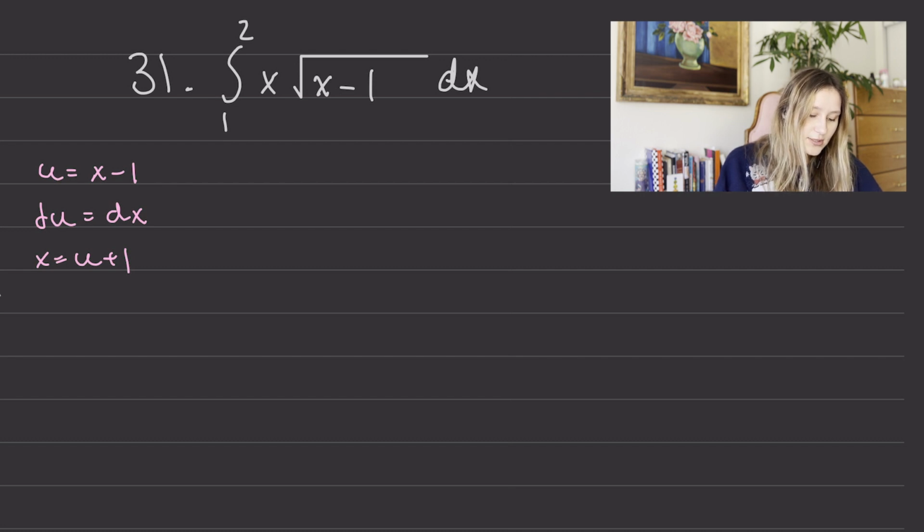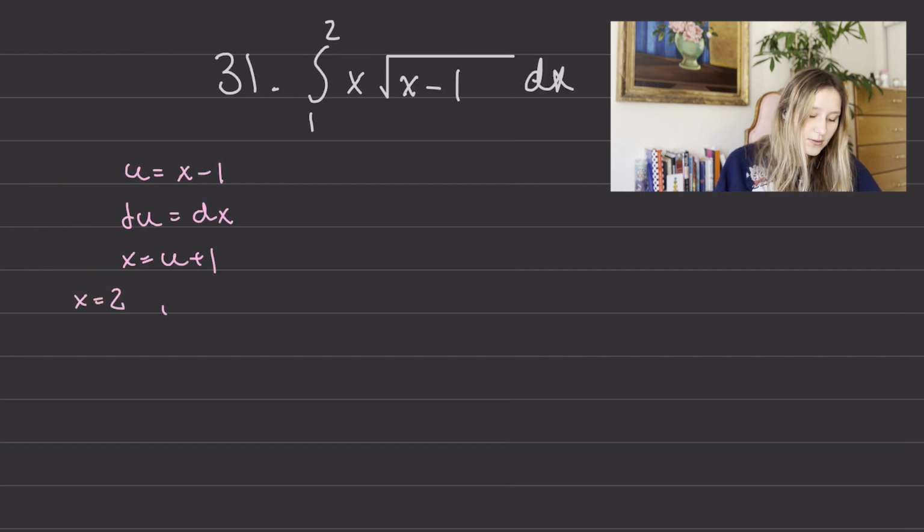When x is equal to 2, u is equal to 1. When x is equal to 1, u is equal to 0.